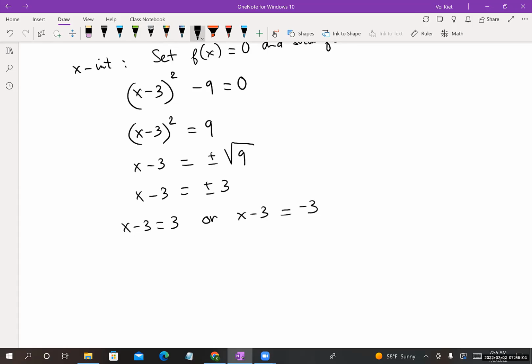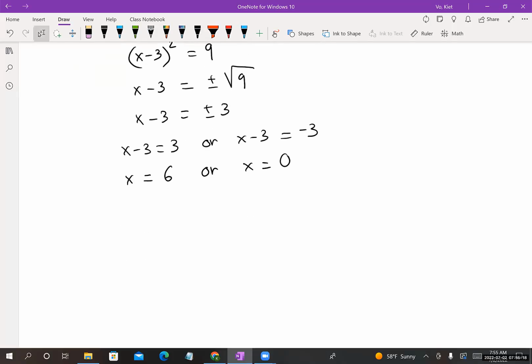If I move the 3 over, I would get x is 6, or x is equal to negative 3 plus 3, which would be 0. So I have two x-intercepts here: one at the origin, 0, 0, and the other one at 6, 0.